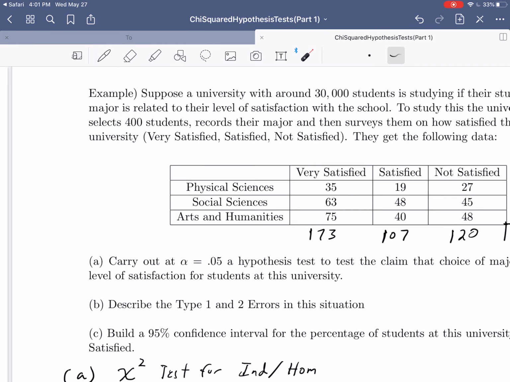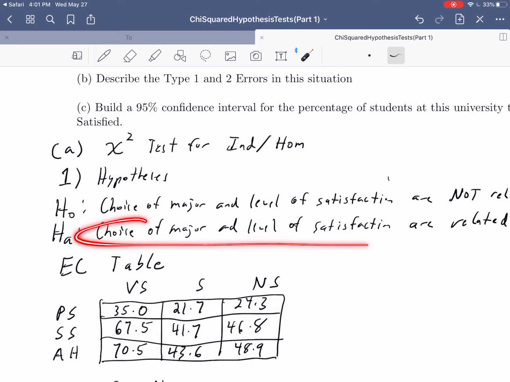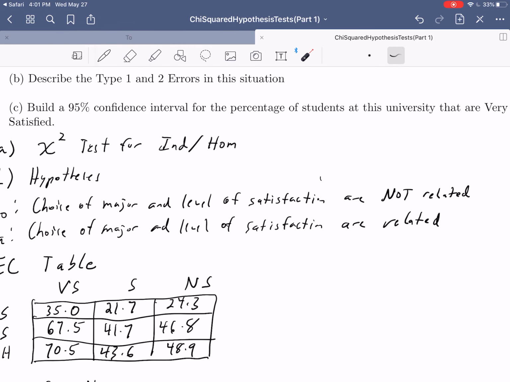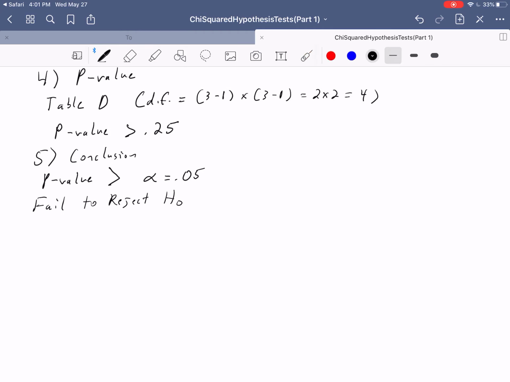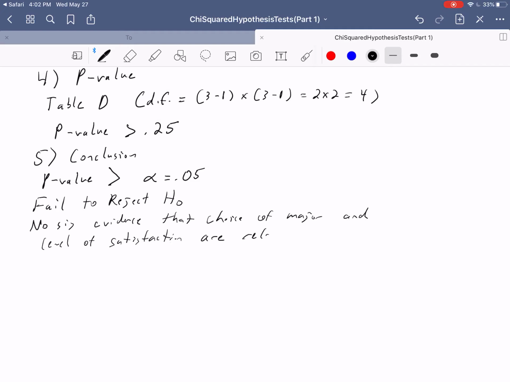So that means we failed to find evidence for our alternate, which was that choice of major and level of satisfaction are related. So we would say fail to reject H0, no significant evidence that choice of major and level of satisfaction are related. So there's no evidence that these variables are related.